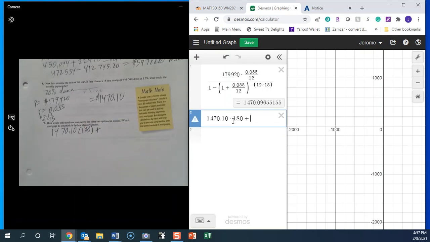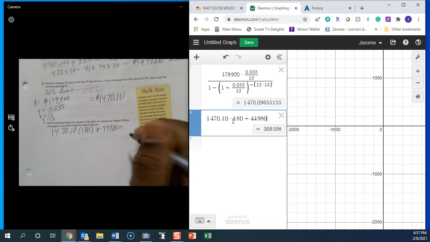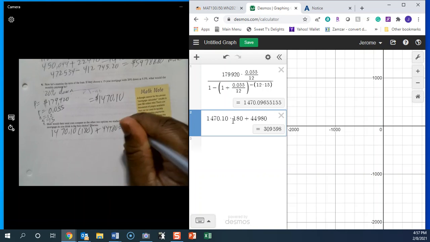The down payment for that was $44,980. So that would be $309,598. That's how much was paid.